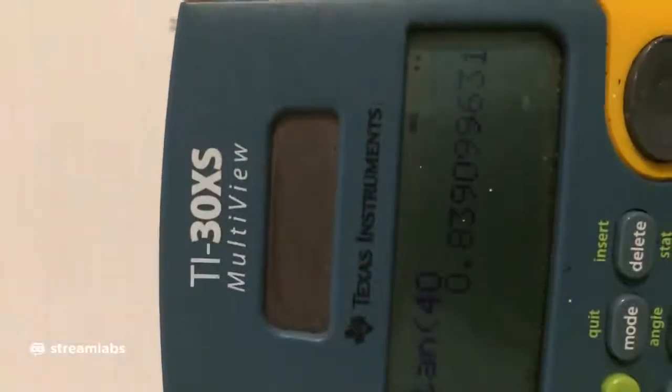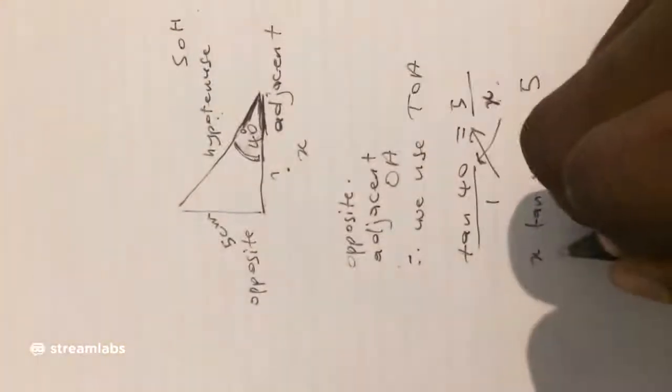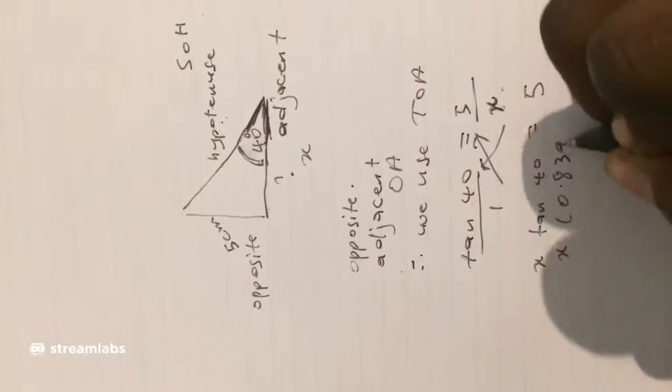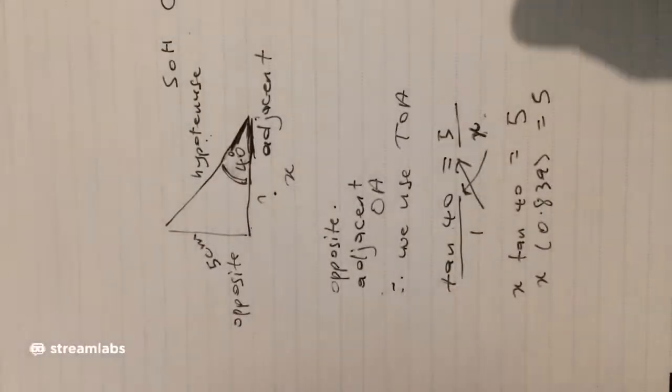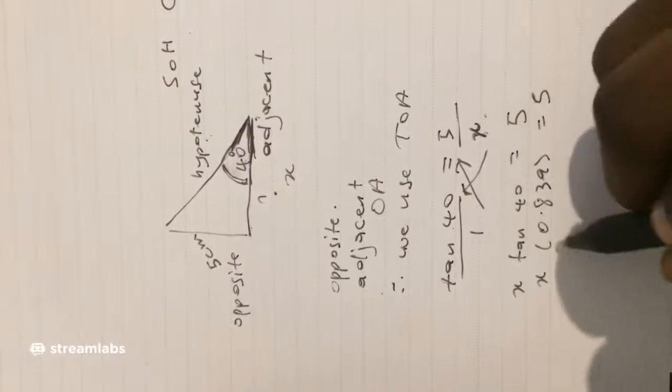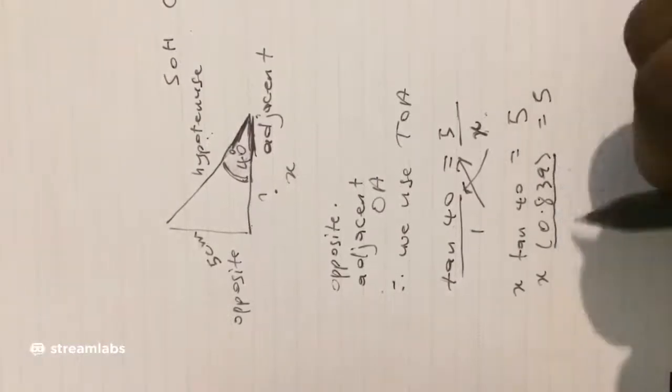So tan 40 is equal to 0.839. So I'm going to have x times 0.839 is equal to 5. Whenever we're doing linear equations and we want to find x, we divide by the coefficient of x, which is this number.